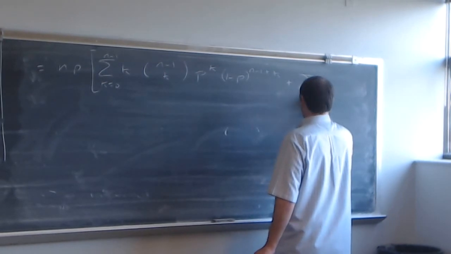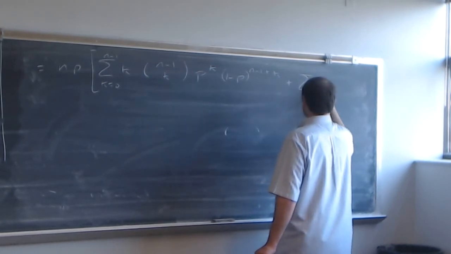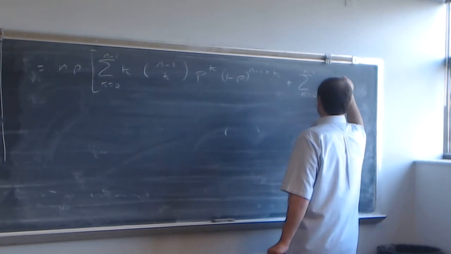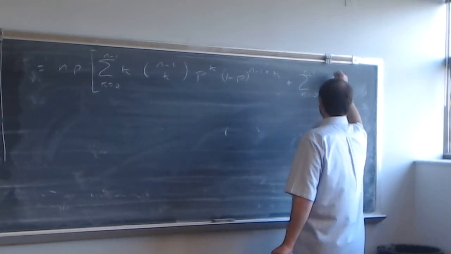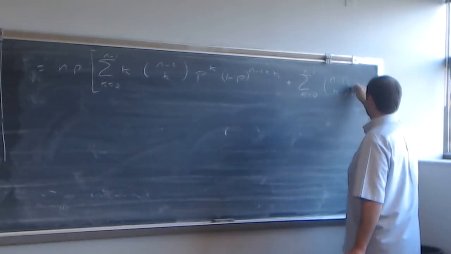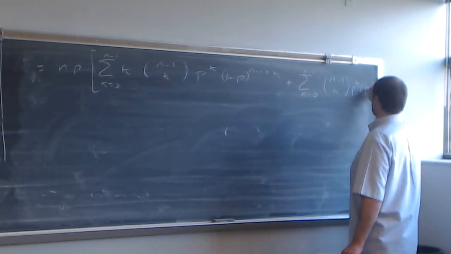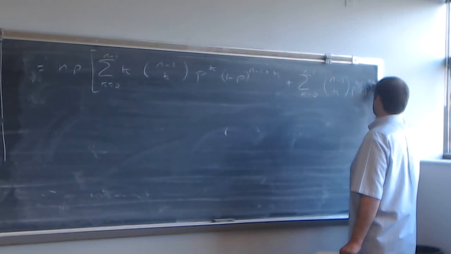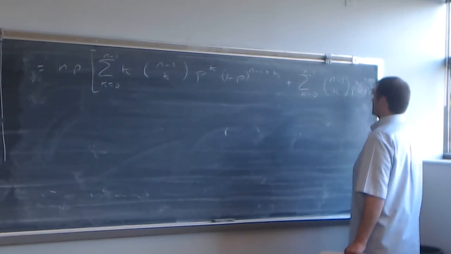So this is the 1 part in the k plus 1. k runs from 0 to n minus 1. It would be n minus 1 choose k, p to the k, 1 minus p to the n minus 1 plus k.